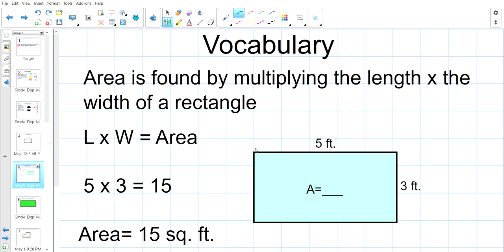You can see that this teal rectangle is 5 feet long and 3 feet wide. 5 times 3 equals 15. So the total area or space that this rectangle is covering is 15 square feet. Remember, area is always measured in square units.